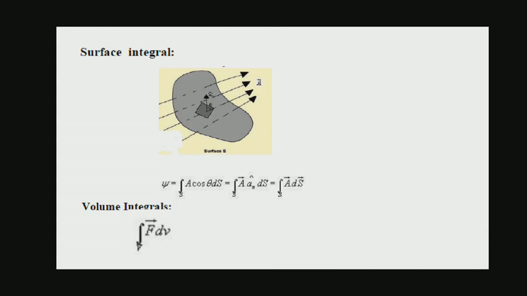Next, surface integral. Given a vector field A continuous in a region containing the smooth surface S, we define the surface integral or the flux of vector A through S as psi.